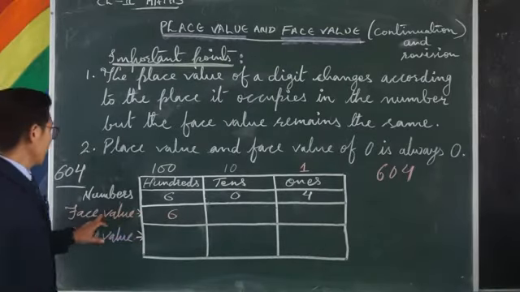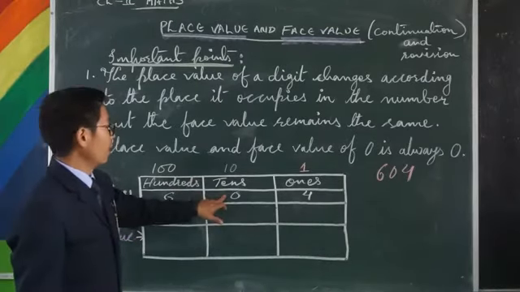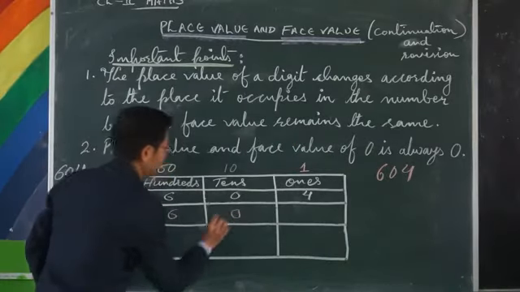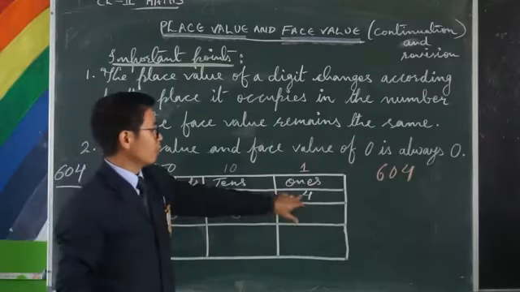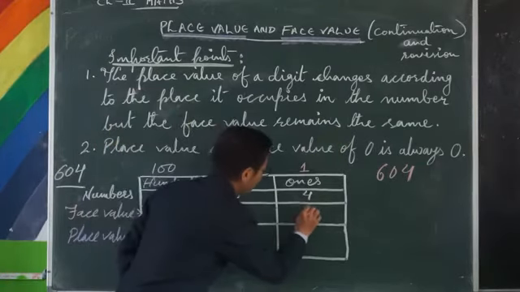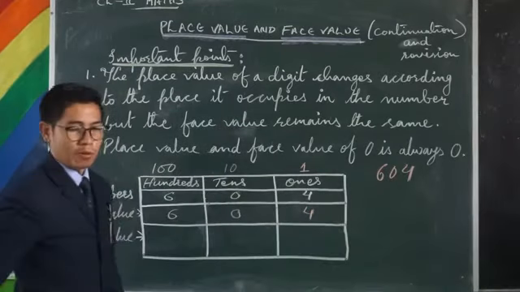Then 0: again, the face value remains the same, so it is 0. And then 4: the face value remains the same, that is why it is 4 only.